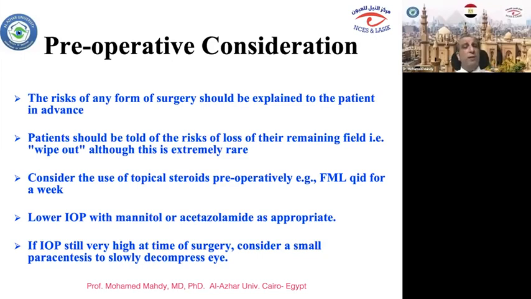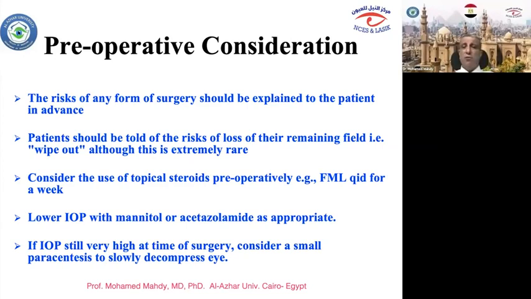We are going to preserve or try to delay the patient's visual loss. Patients should be told that the risk of loss of their remaining field, the wipe-out phenomenon, could exist, but never, ever discourage the patient from doing surgery.